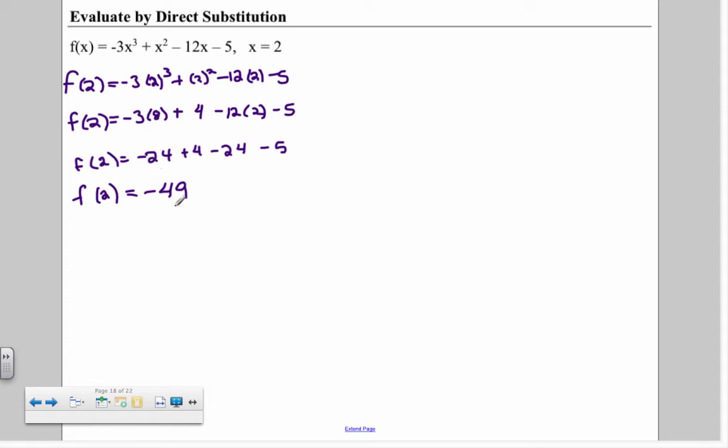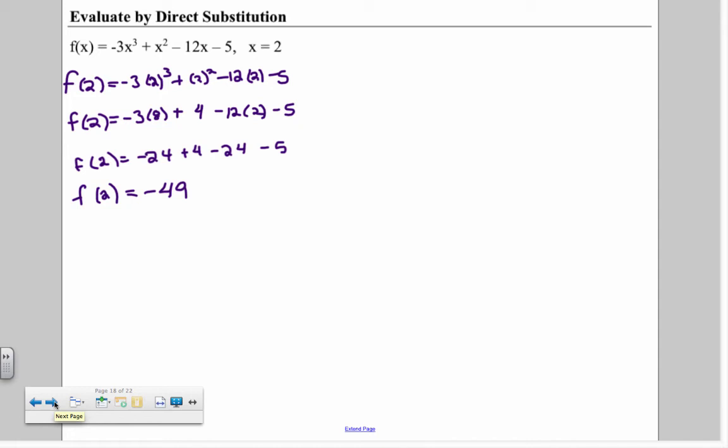I would recommend, if you're going to use your calculator, to do it in small chunks. Do each term individually in your calculator, which would get you down to here, and then add that all together. Don't try to just plug everything into your calculator at once, because it gives you more room to make mistakes. Okay? And I'd like you to show your work, so that would be great.